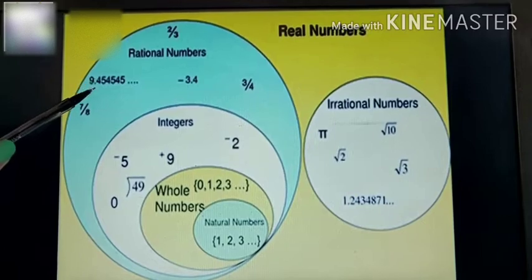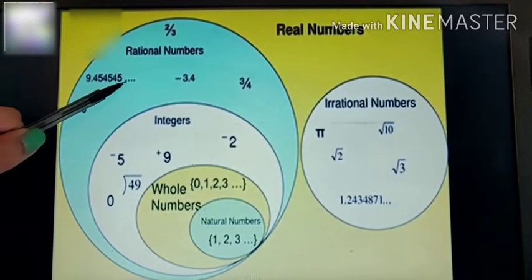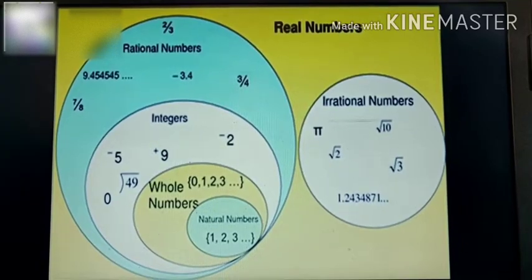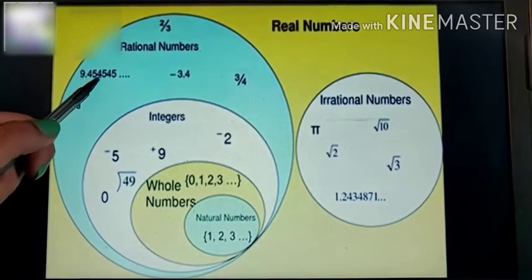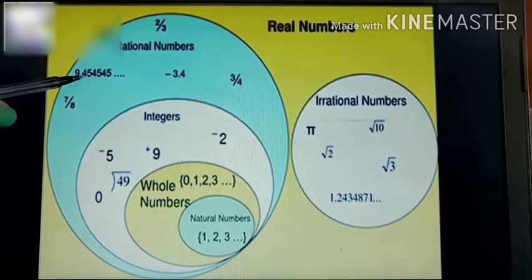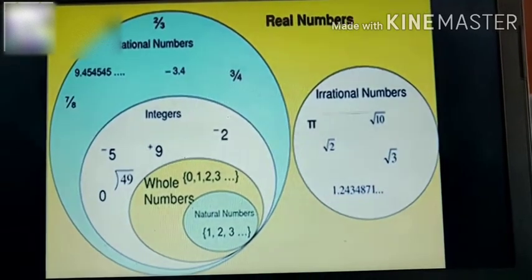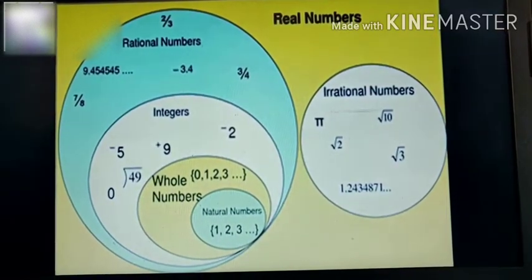See this one, a decimal number, 9.454545 and so on. Here a particular pattern, 4545, is repeating. So these kinds of decimal numbers can also be written in the form of numerator upon denominator. So it is also a rational number.